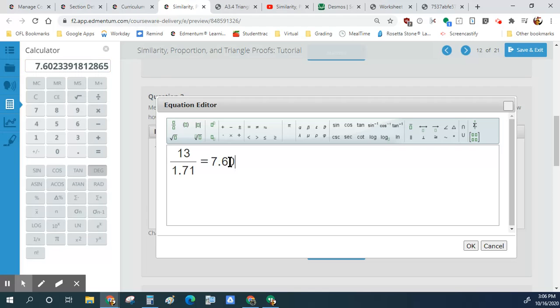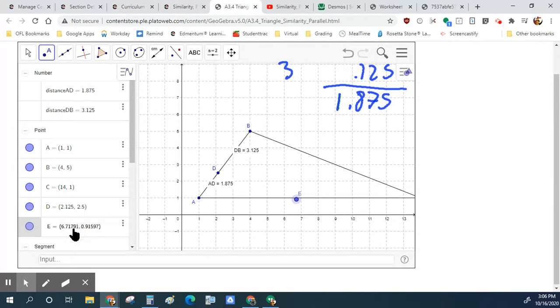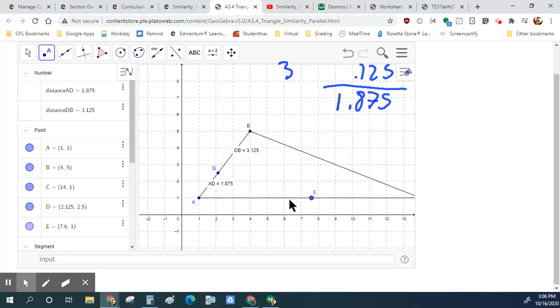So our x value is 7.6 and our y value is a 1. So now it's a little more accurate.